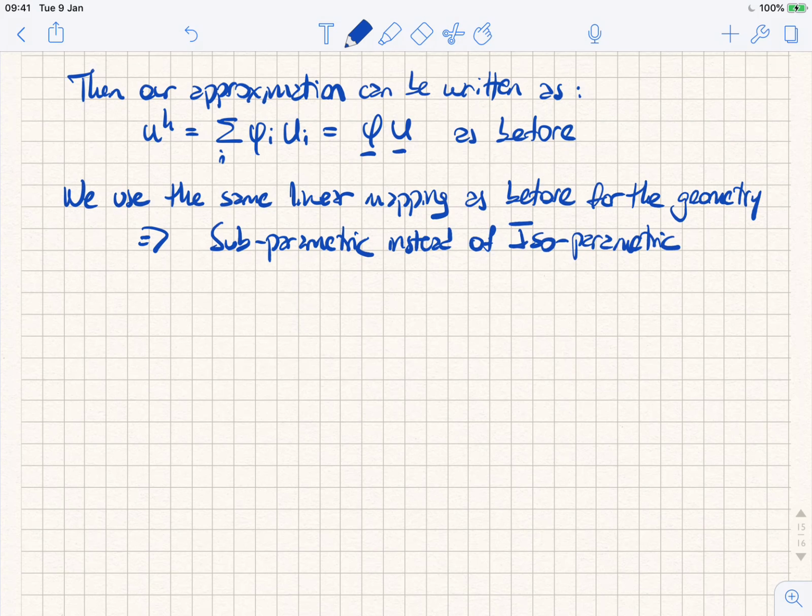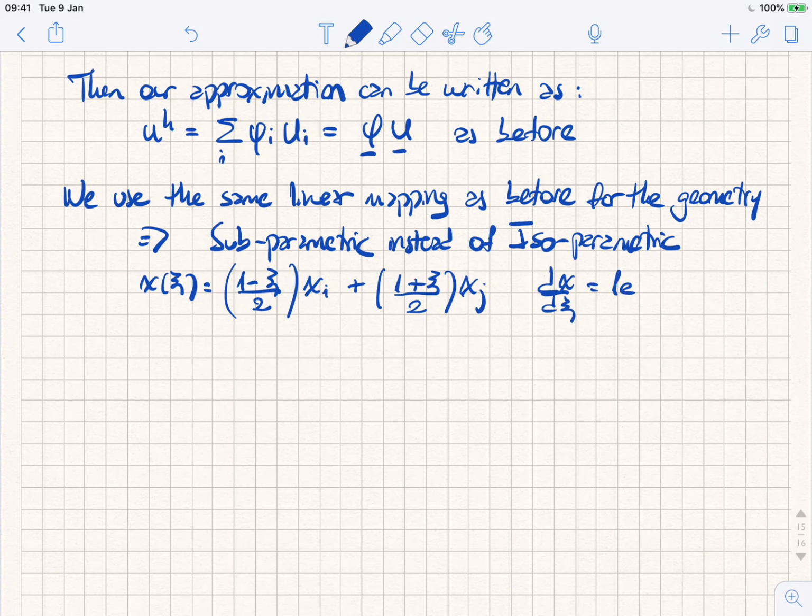Okay? So what is our mapping? Well, if you remember, we were using just the hat functions, 1 minus psi. That's it. And then x is equal to the length of the element divided by 2, and this is what we defined as our Jacobian.